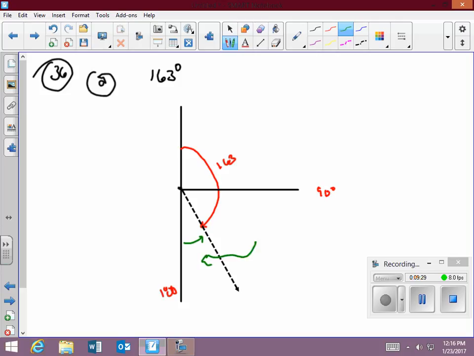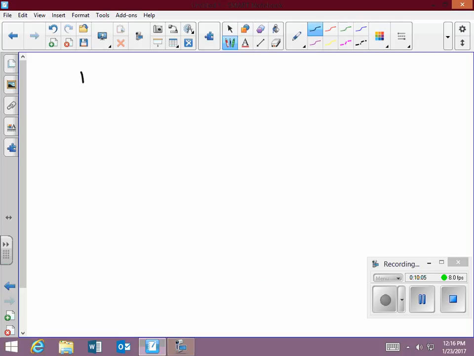That's going to be 180 degrees minus 163, which is 17 degrees. So the bearing of that line is south 17 degrees east. Correct? B part of that is saying azimuth is 241.